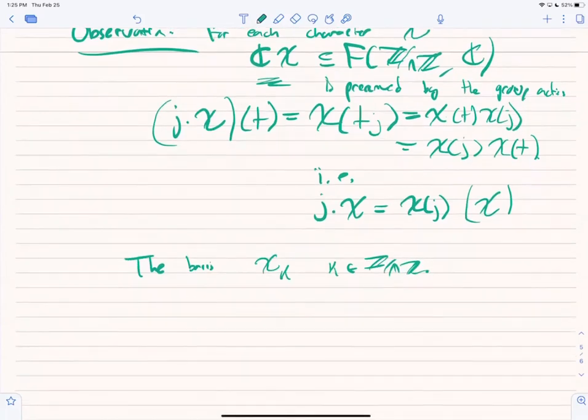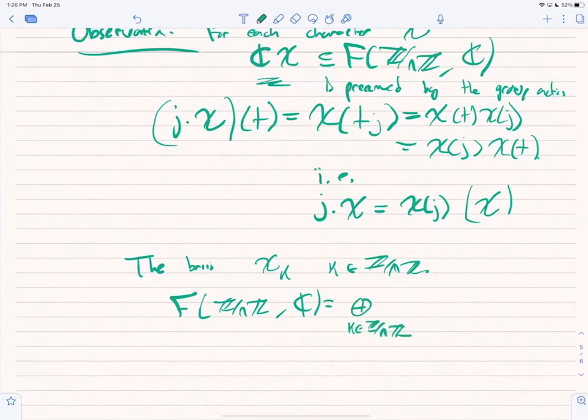One way to think about this is functions from Z mod NZ to C. Another way to say you have a basis is to say you have a decomposition as a direct sum of the one-dimensional subspaces spanned by each of those basis elements. So this is the direct sum of the subspaces, each one the one-dimensional subspace spanned by this vector.